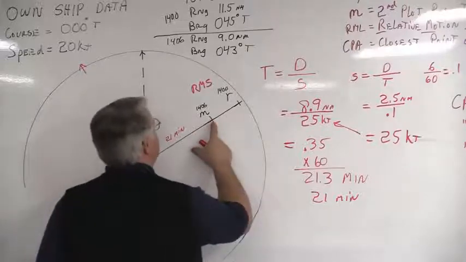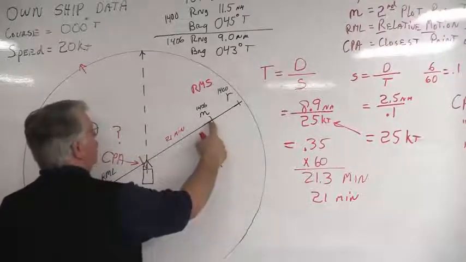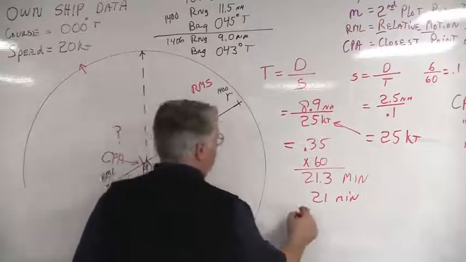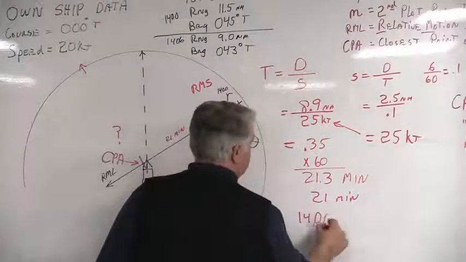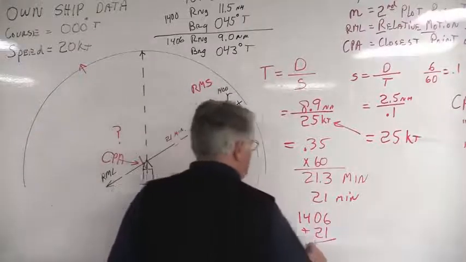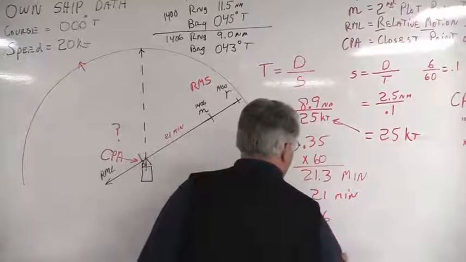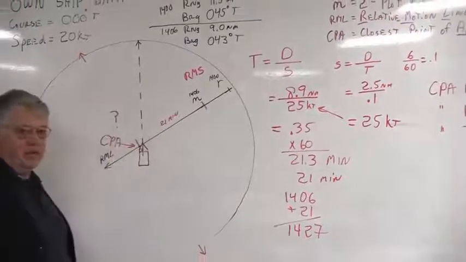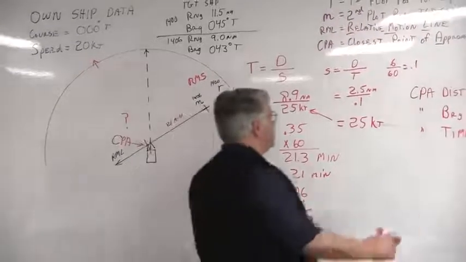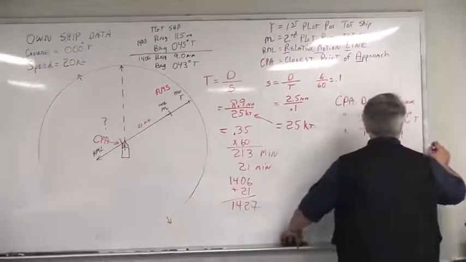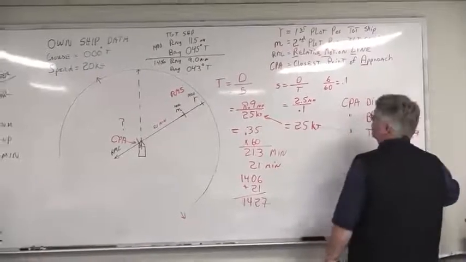And since we established the distance run from M to CPA, we have to use the time from M, 1406, and we're going to add this 21 minutes to establish the actual time of CPA. And of course we get 1427. So that is the time of CPA, okay, 1427.